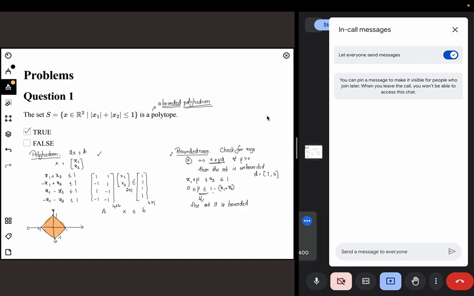Yeah, you can see that it is bounded. It is bounded and it is a polyhedron. So you can always call it a polytope. But since it is 2D, it is quite easy to see and visualize. But usually you'll have say 100 or 200 equations or say a million equations, and it will not be possible in this way. So all you have to check for is in this particular version.